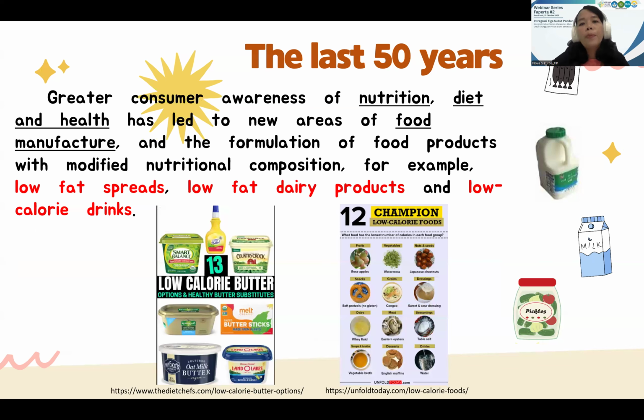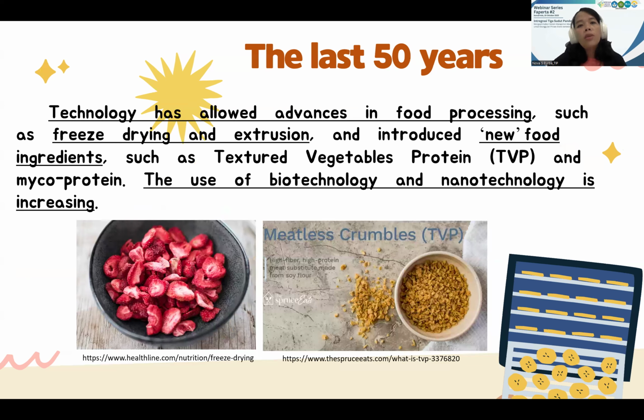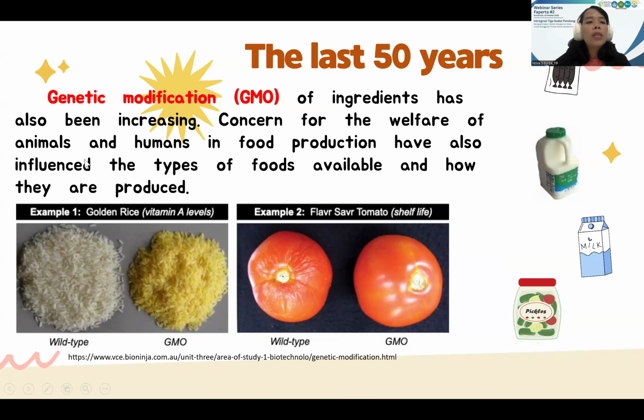Another advance in food technologies, for example, genetic modification or GMO product. We cannot close our eyes to the modification of the food. GMO of ingredient has been also increased.